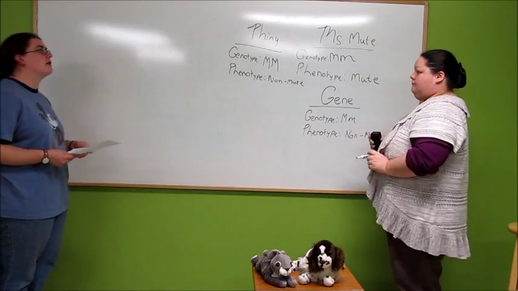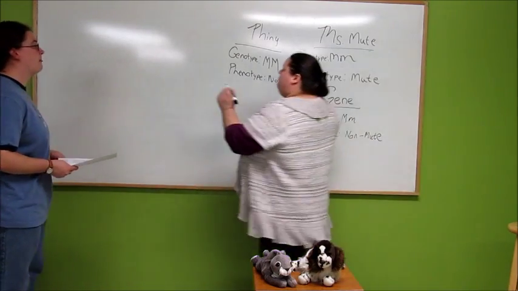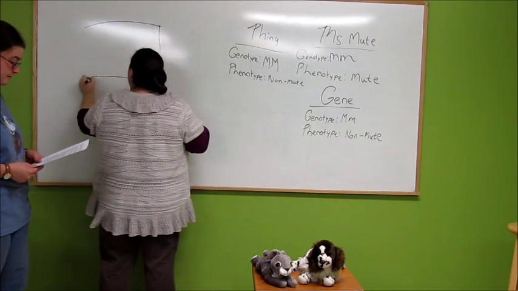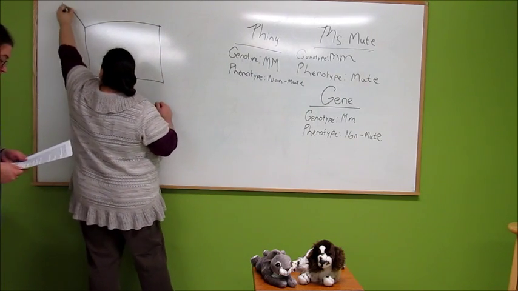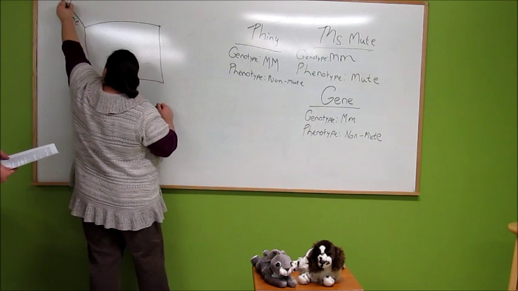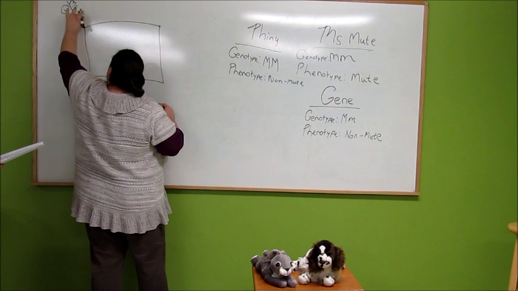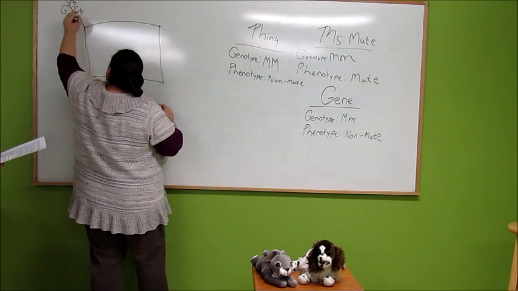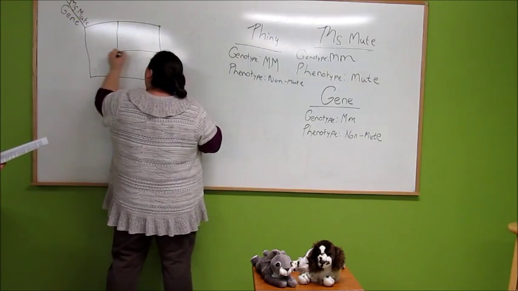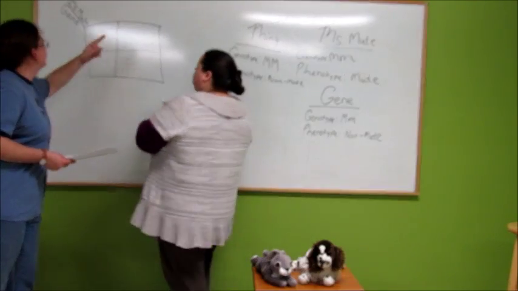So let's do the probabilities. Let's start with you and Jean. So I'm going to have you draw a Punnett square. So, Miss Mute, you're going to put one allele over each column.